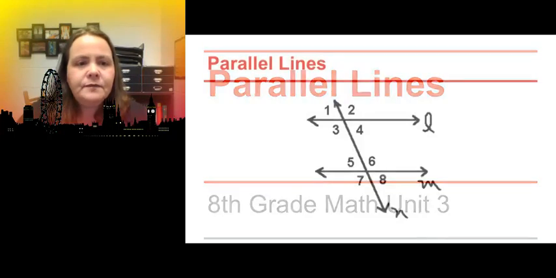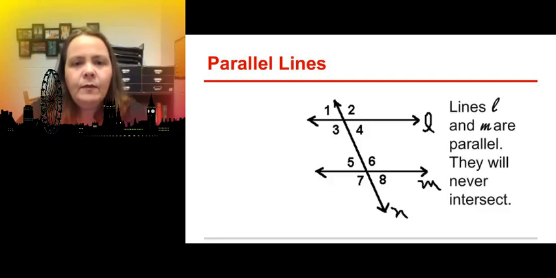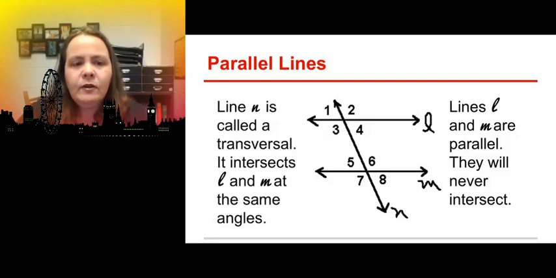So let's go. First of all, if we have a set of parallel lines, here L and M are the lines that are parallel, and of course, being parallel means that they will never intersect, and then N is cutting through those two parallel lines, and N is what we call a transversal.